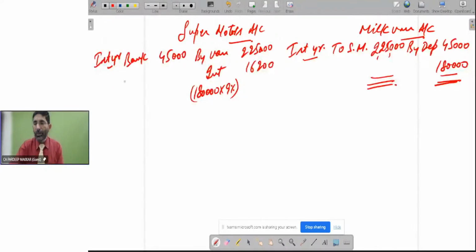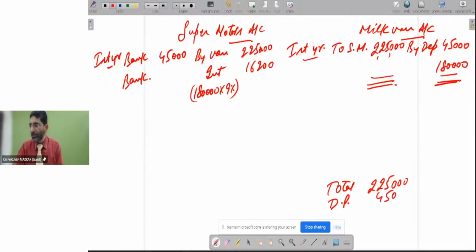Then again, at the end of the year, we have to make payment of the installment. How much installment will be paid? He says total payment is 2,25,000. Out of that, he says the down payment of rupees 45,000 is to be paid. Whatever is balance, that is to be paid in 3 installments.